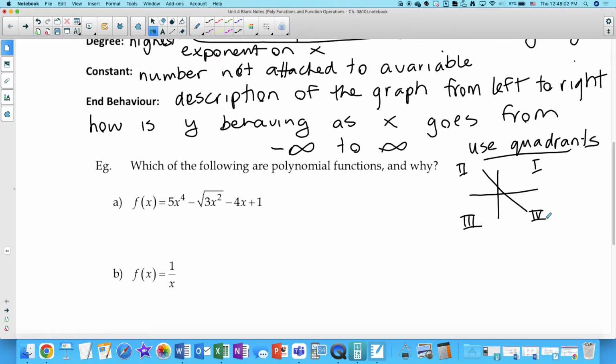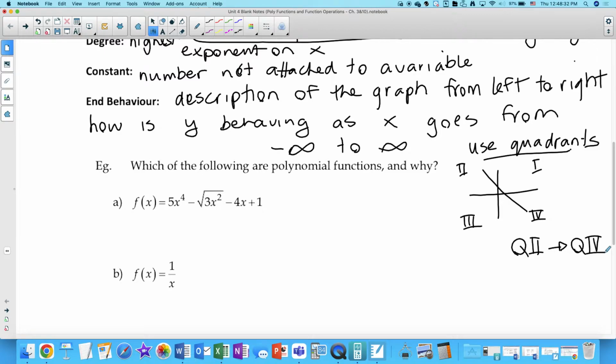From left to right, the y values start in quadrant 2 and go down to quadrant 4. Okay? And that's what would happen at the extremes. When x is at -infinity, this will still be in quadrant 2. So it doesn't matter if there's some hiccups along the way and it crosses into quadrant 1 for a little bit. The end behavior here is Q2 to Q4.